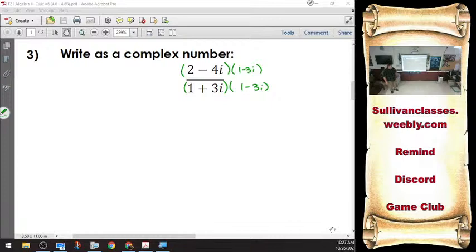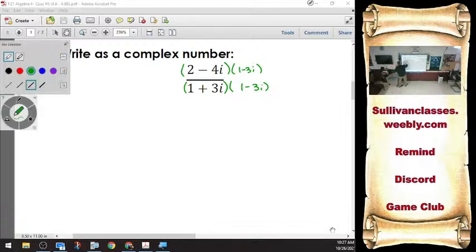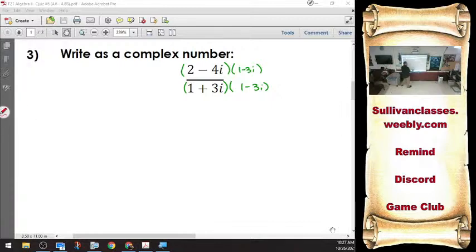Once I'm there, you have the correct conjugate. 1 point. Now, can you distribute correctly? Getting 2 minus 6i, 2 times the stuff. Negative 4i times the stuff is negative 4i plus 12i squared. So there's your second point. You distributed the numerator correctly.